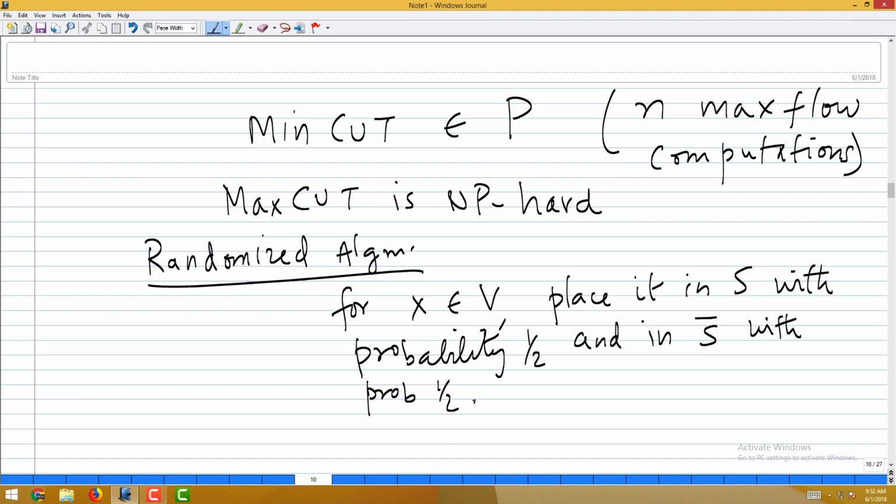It is a random experiment. I got a random partition, a trivial linear time algorithm. Now, what do I want to analyze?